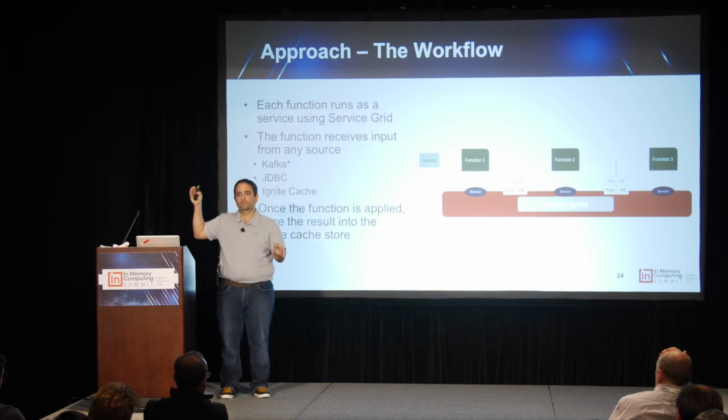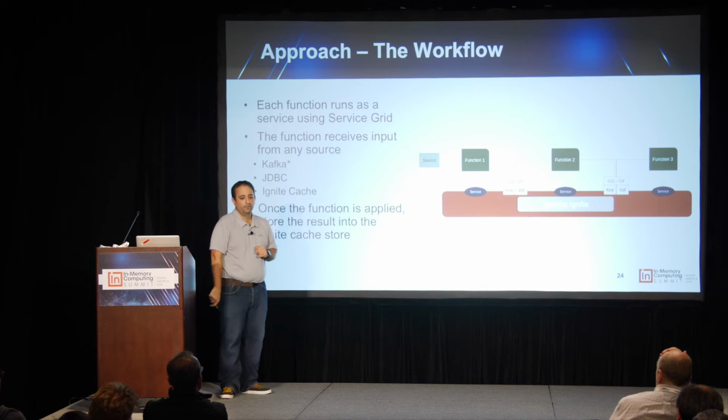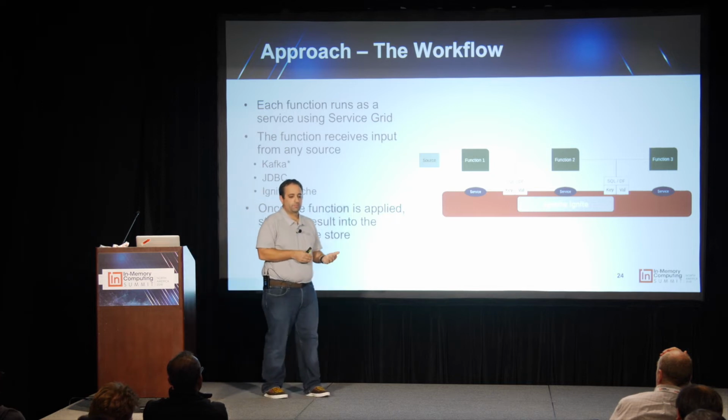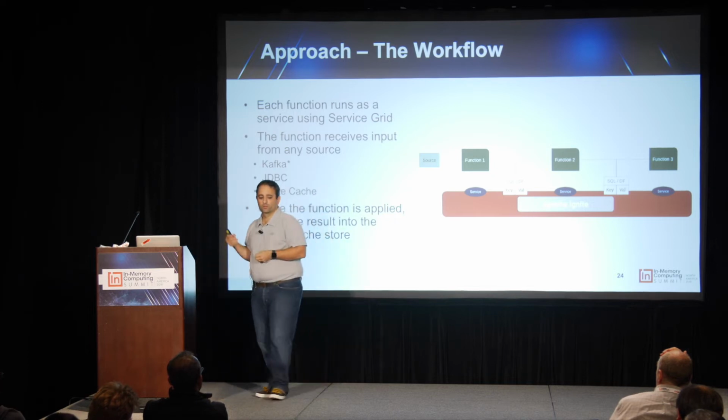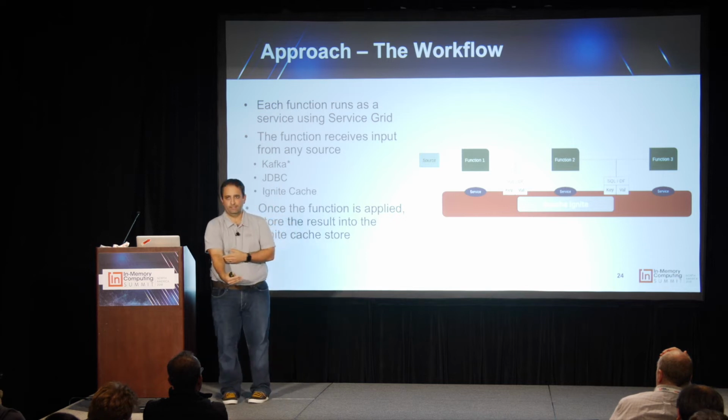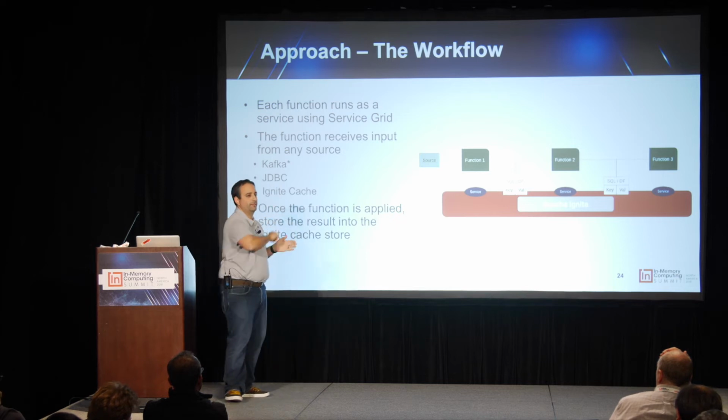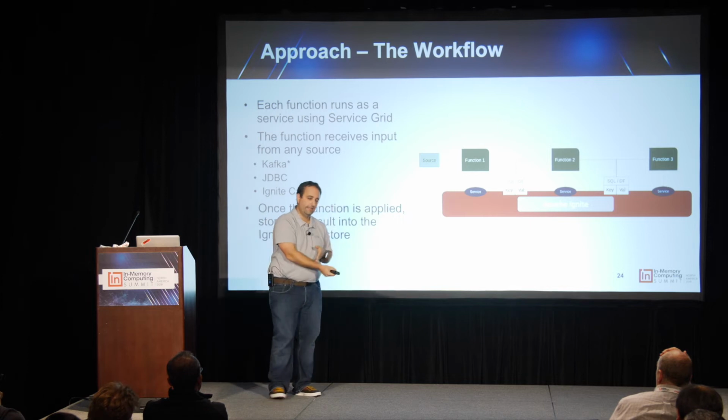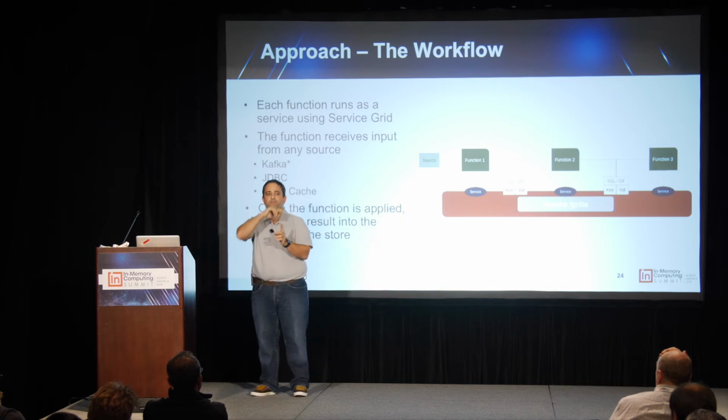So you can chain workflows together as well, and I'm going to talk about why that's important in just a second. So once the function is applied, you store the result into a new Ignite cache. And the reason is we want to maintain the lineage, and we want to maintain the mid-steps because of branch workflows that we can break off of this.